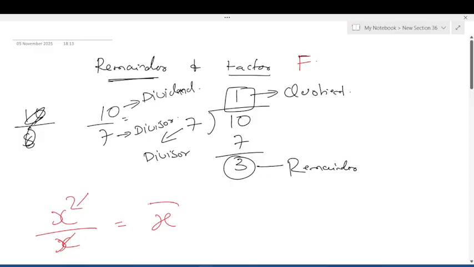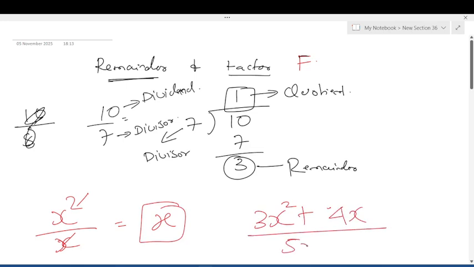The answer is x. What if 3x square plus 4x divided by 5x minus 3 is given? Is it possible to calculate it through normal division? No, right? For this concept, we use the remainder and factor theorem.